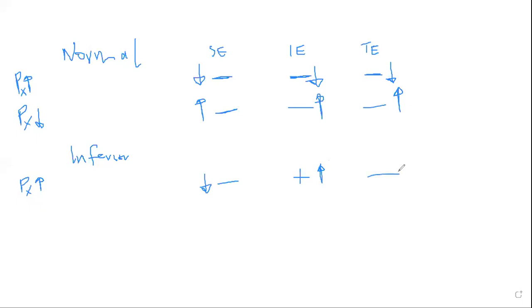The reason why the total effect will be negative is that the negative substitution effect here outweighs the positive income effect, so that the net effect is still negative.